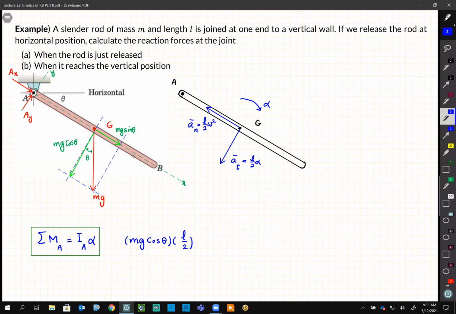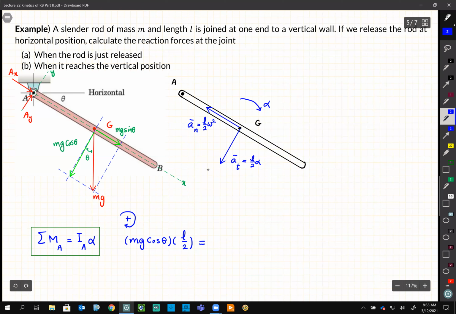We can assume one direction to be positive. If we are rotating in this direction and we consider it positive, let's stick with that, but you need to be consistent. Or you can consider this negative, that doesn't matter. So this is the moment about point A.